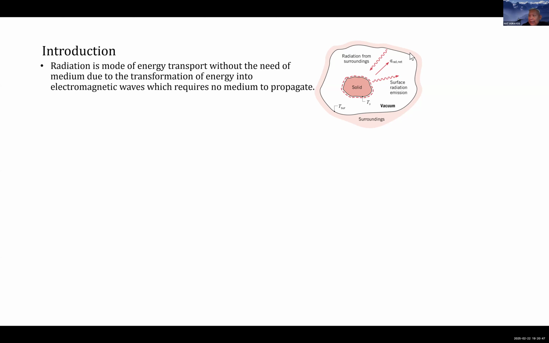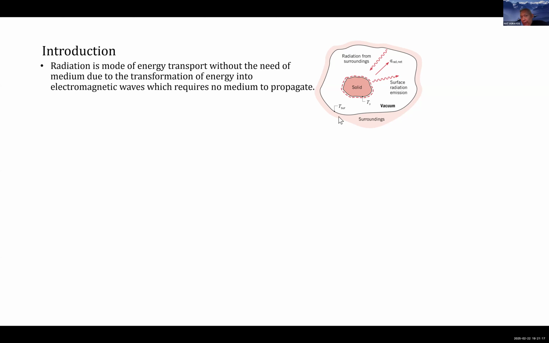It needs the ending surface, which should be at lower temperature. In between, there is no need for any medium. It can be vacuum, it can be space, containing nothing. Still, there will be energy transfer from the hot surface to the cold surface.